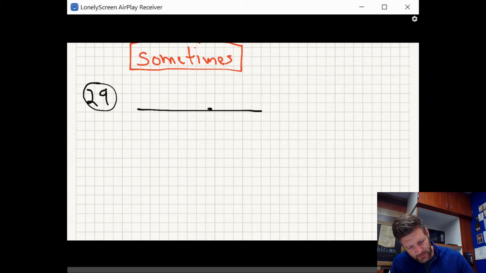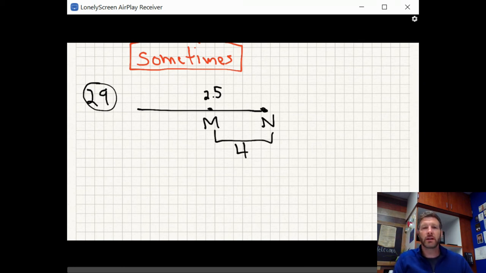You've got something that's like 2.5, 2.5, and that's coordinate m. And then it's saying you have this line called mn, and the distance of that is 4. Okay, so what's the coordinate of n?